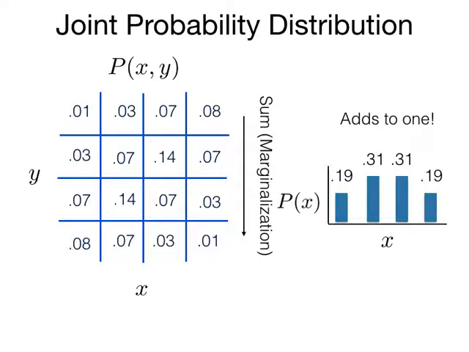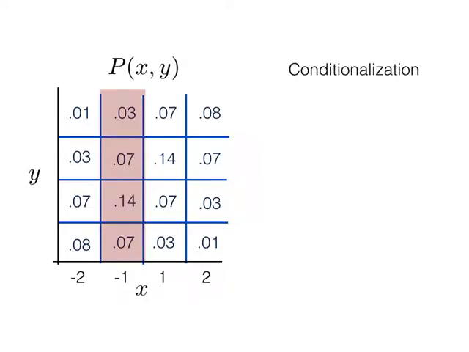That's like finding this row. But I've got a problem. This row doesn't add to 1. So in order to get a valid distribution, I have to divide this entire row by the total value of that row, of all those probabilities added up. Does that make sense to everybody?